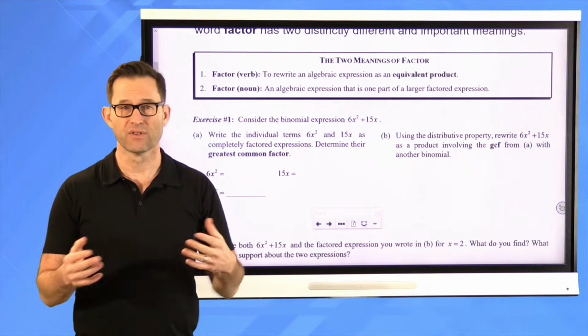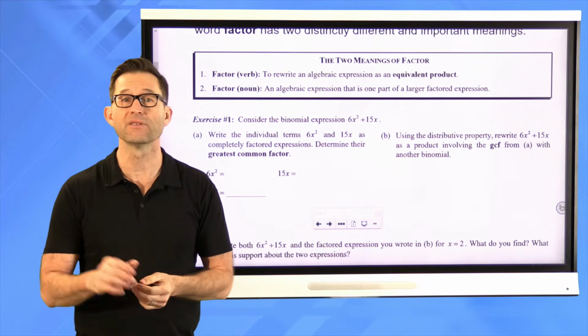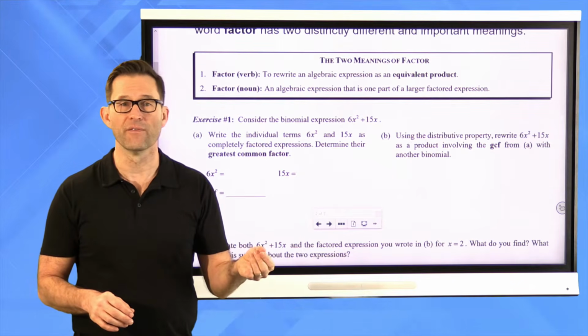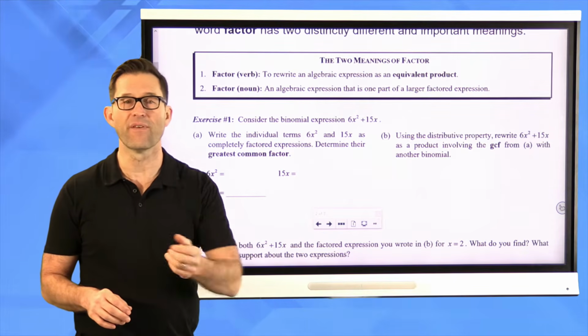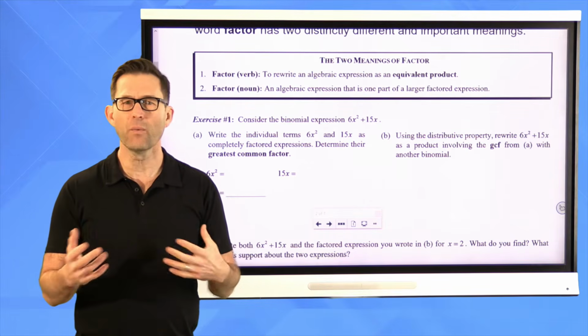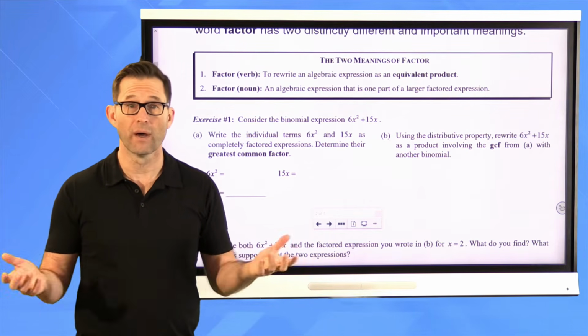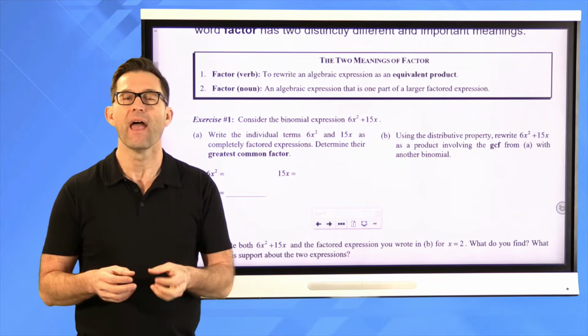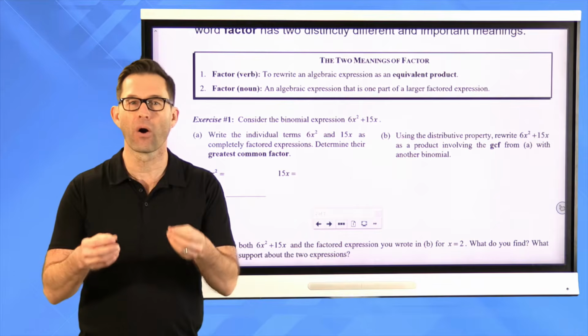So for instance, if I took the number 15 and factored it as 3 times 5, I would say that 3 is a factor of 15 and 5 is a factor of 15. It's kind of weird because those words are the same, but one of them is a verb, an action, to do something, and the other one is a noun, part of it.